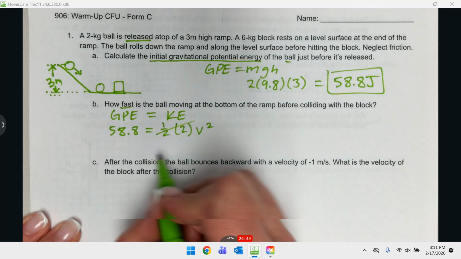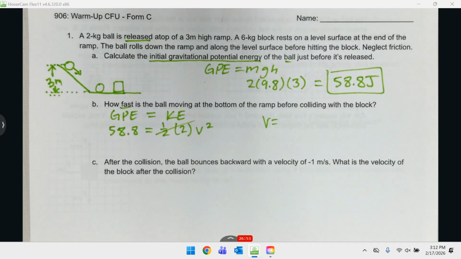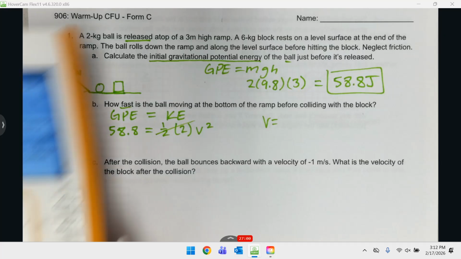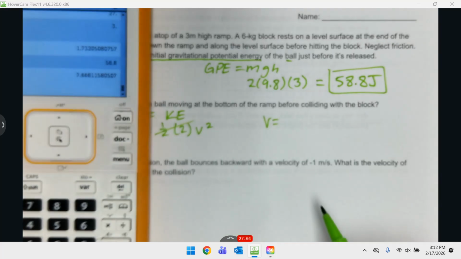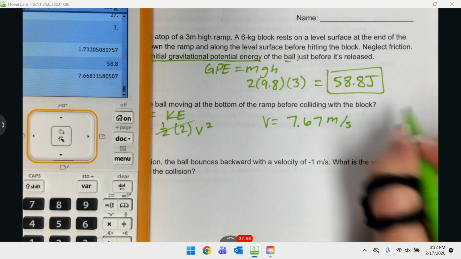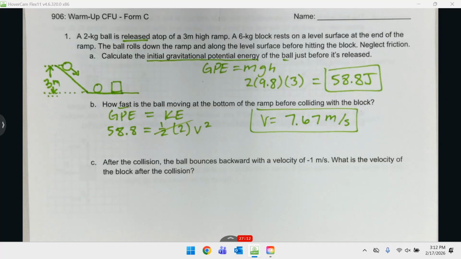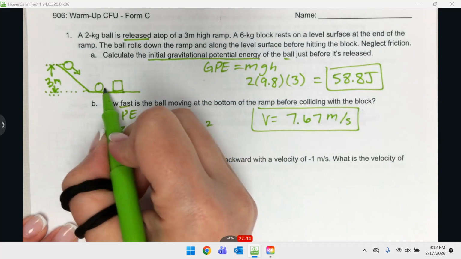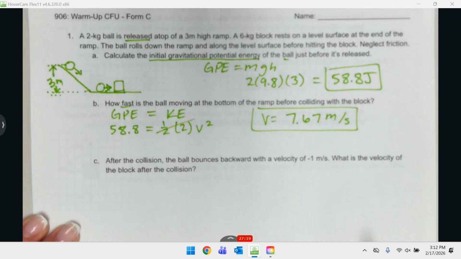So v squared is 58.8, which makes v the square root of 58.8. When we take the square root of 58.8 in the calculator, we get 7.67. So that is how fast it's moving right here: 7.67 meters per second.